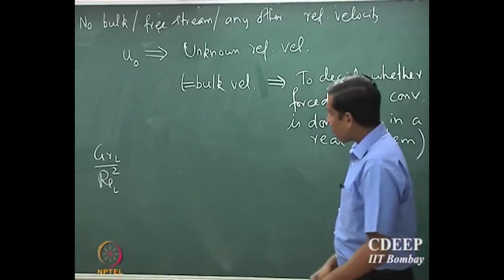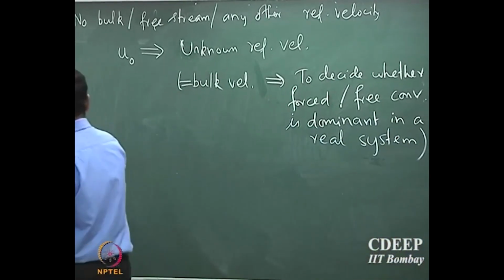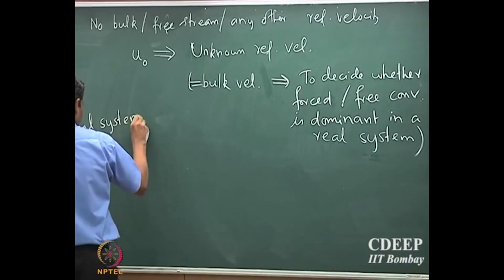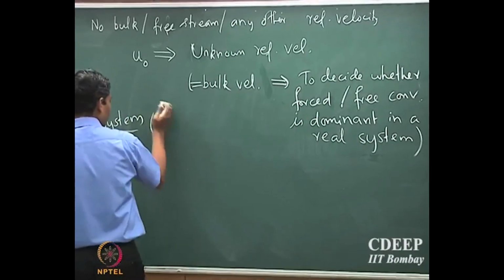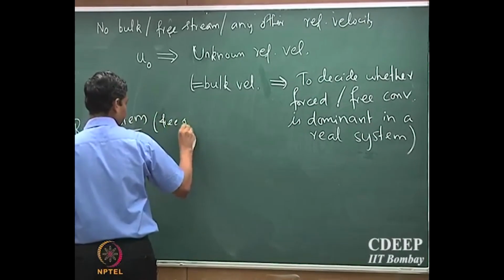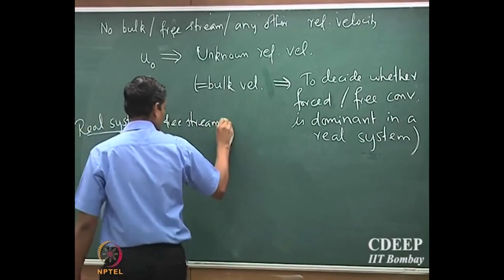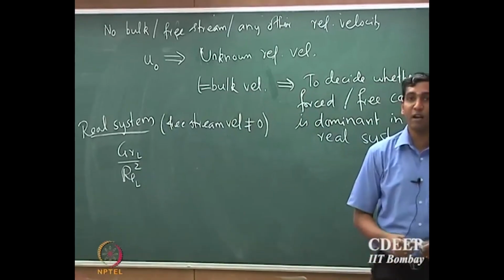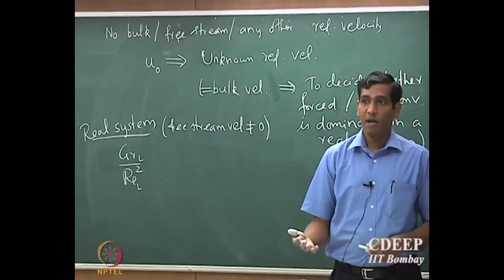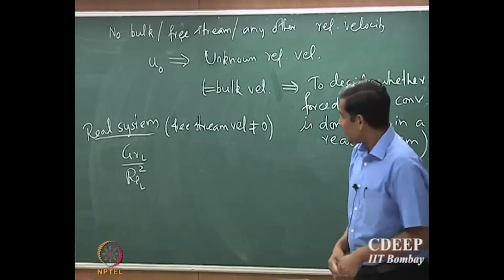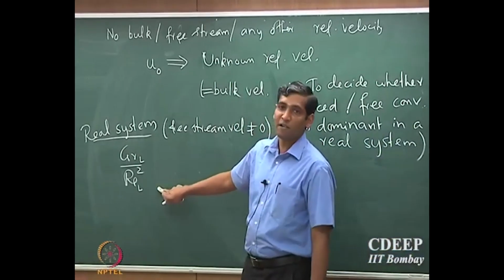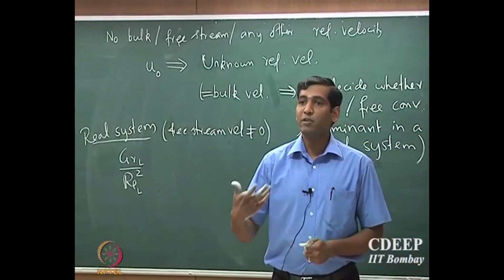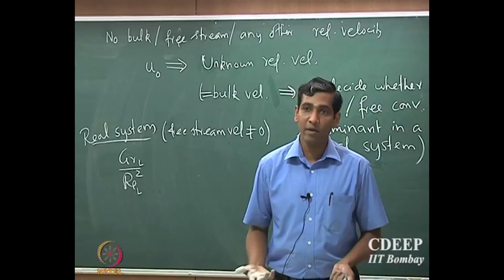Supposing in a real system, the bulk velocity or the free stream velocity is really not zero. If you use the free stream velocity as the scaling velocity, then Grashof number by square of Reynolds number gives you a dimensionless quantity which can be used to decide which one is the dominating force.